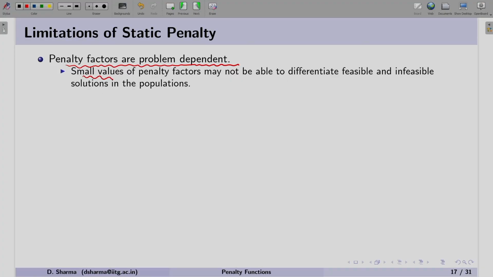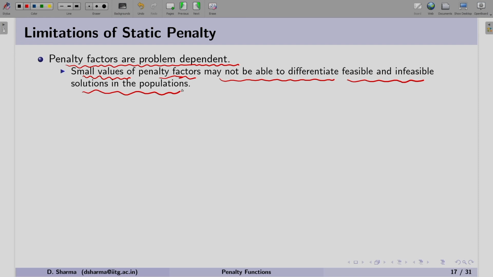So, as stated, if we take a small value of the penalty factor, then it may not be able to differentiate feasible and infeasible solutions in the population. As we know, with the objective function we are adding the penalty.